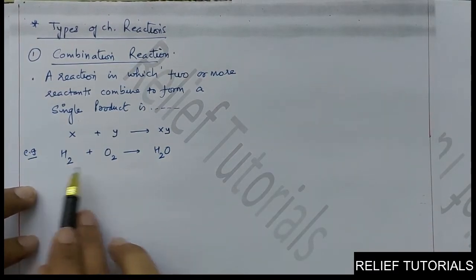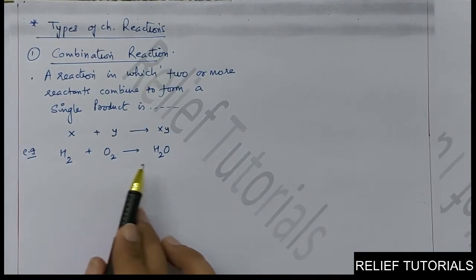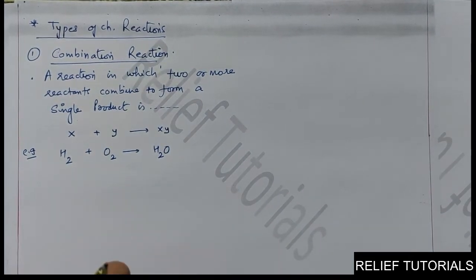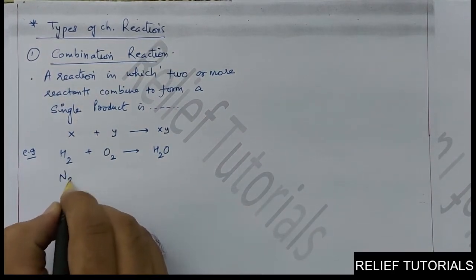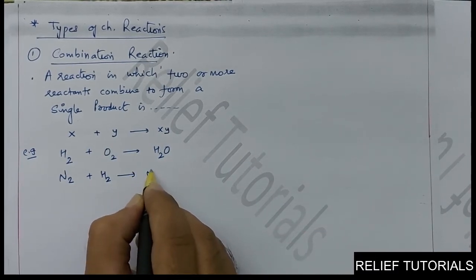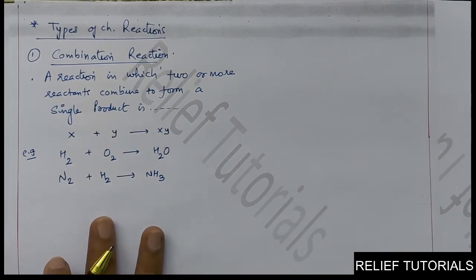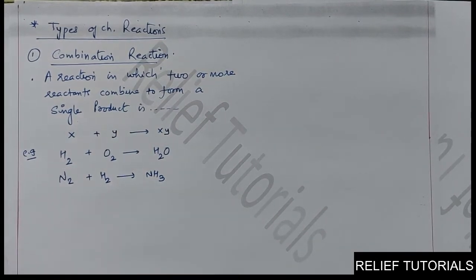Simple. Two reactants combining with each other, they form a single product. Let us say nitrogen reacts with hydrogen, they form ammonia. No other product is obtained. Only one product is there, and that is ammonia.